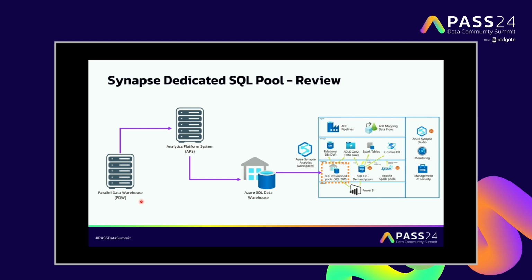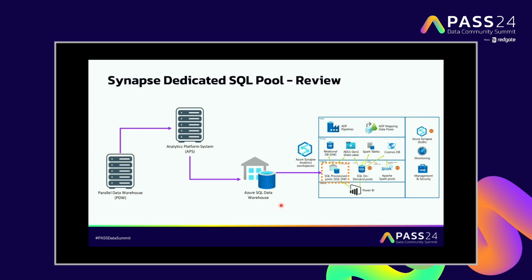Initially, they came out with what was called PDW, Parallel Data Warehouse. And then, again, Microsoft form, they just changed the name for no reason. It was only like 4 or 5 years into it. So then it used to be called APS, Analytics Platform System. And then after that, enter the era of cloud.